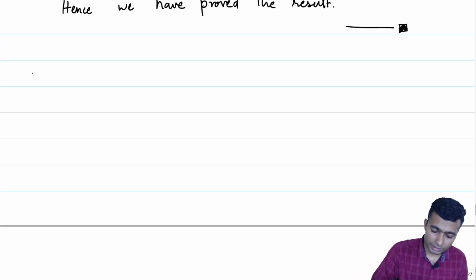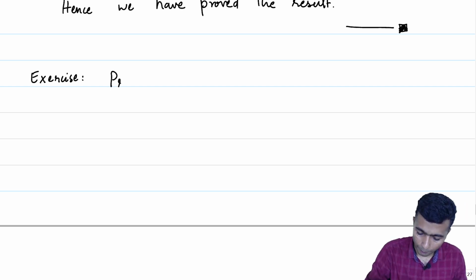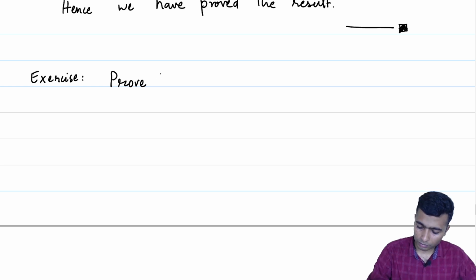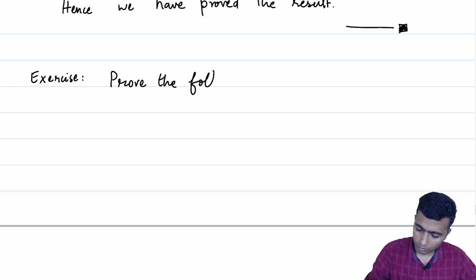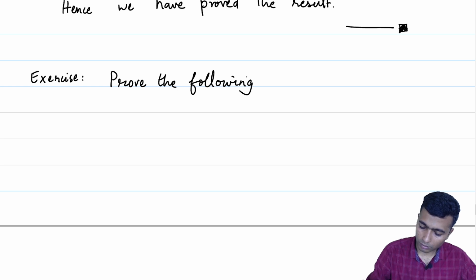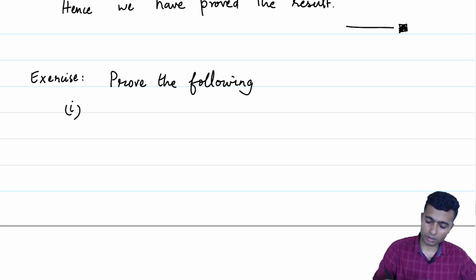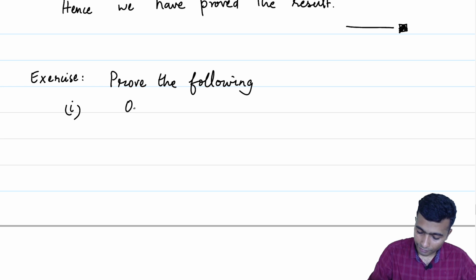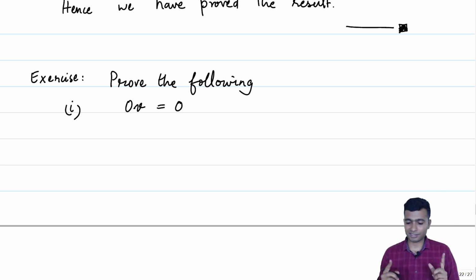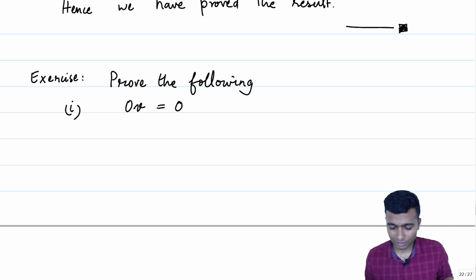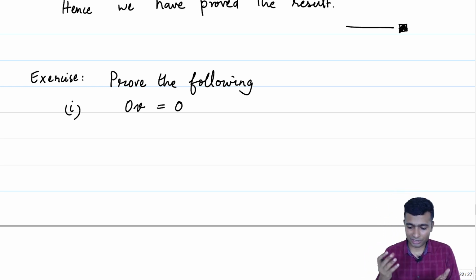I will give a few exercises here before concluding this session. Prove the following. One, 0 times any vector v is equal to 0. This is a good exercise for you with the abuse of notation that we are getting familiar with.